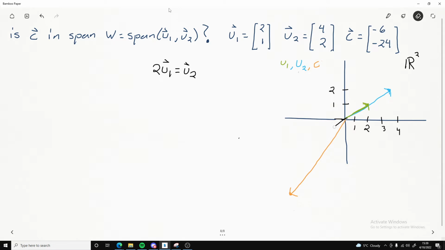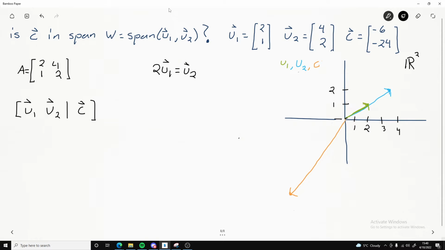It's not as complicated as I'm making it out to be, but there's a way to do it algebraically. So let's say we have the augmented matrix of u1, u2, and we want to solve for some x of c, right? And these are all vectors, mind you. And so we have our coefficient matrix A, which will be equal to 2, 1, 4, and 2.